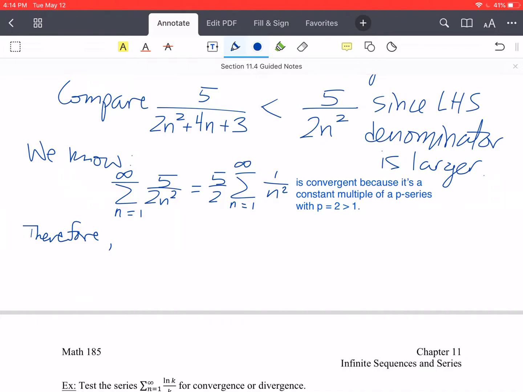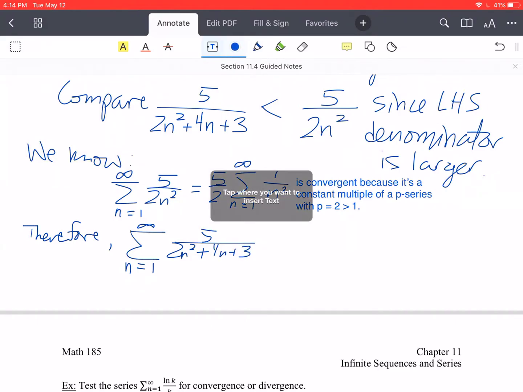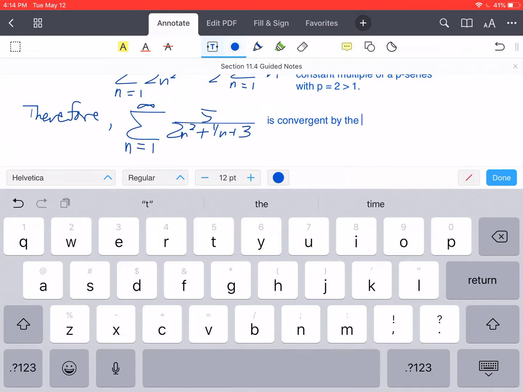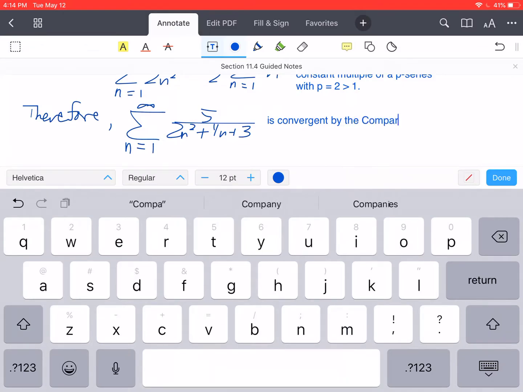Okay, so therefore the sum, going from 1 to infinity, of 5 over 2n squared plus 4n plus 3 is convergent by the comparison test.